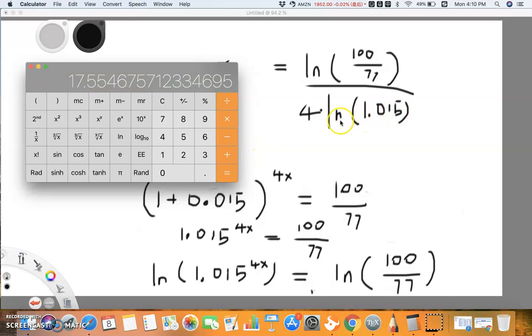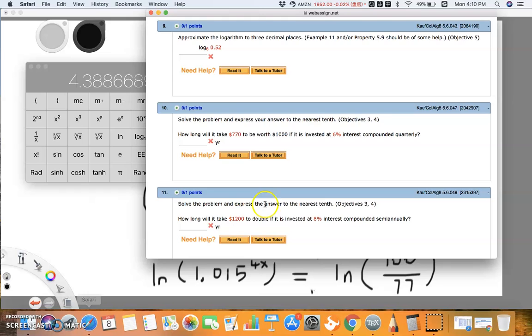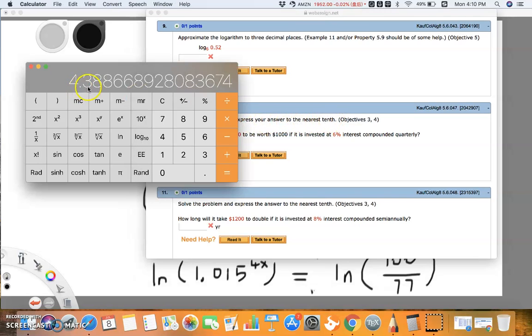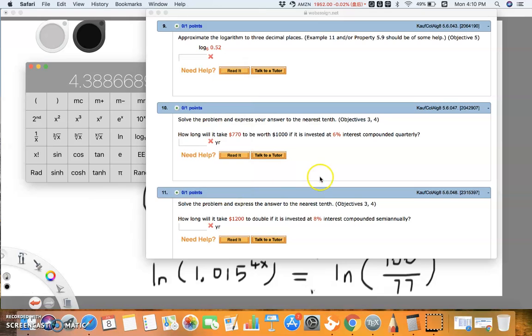And then don't forget to divide by 4. So x is around this. Let's take a look at the requirement. We want to round our answer to the nearest tenth, which means we only keep one decimal place. So 4.4. That's our answer.